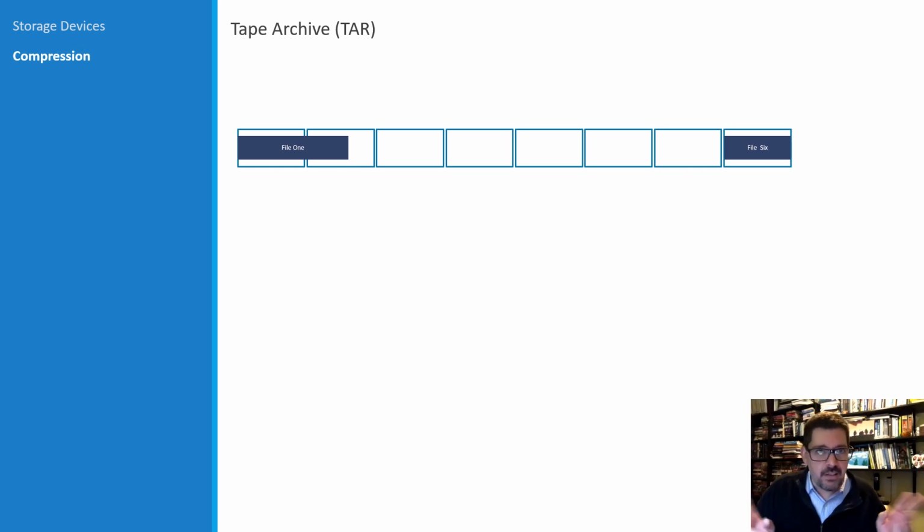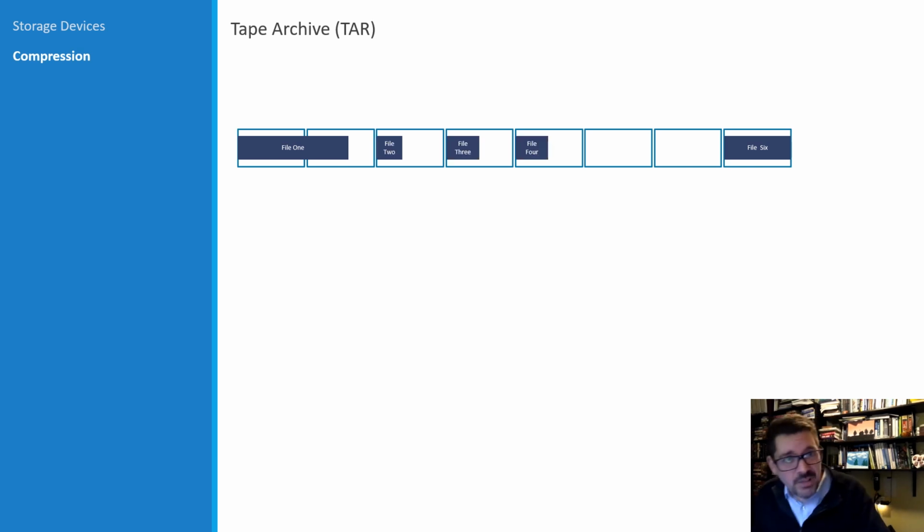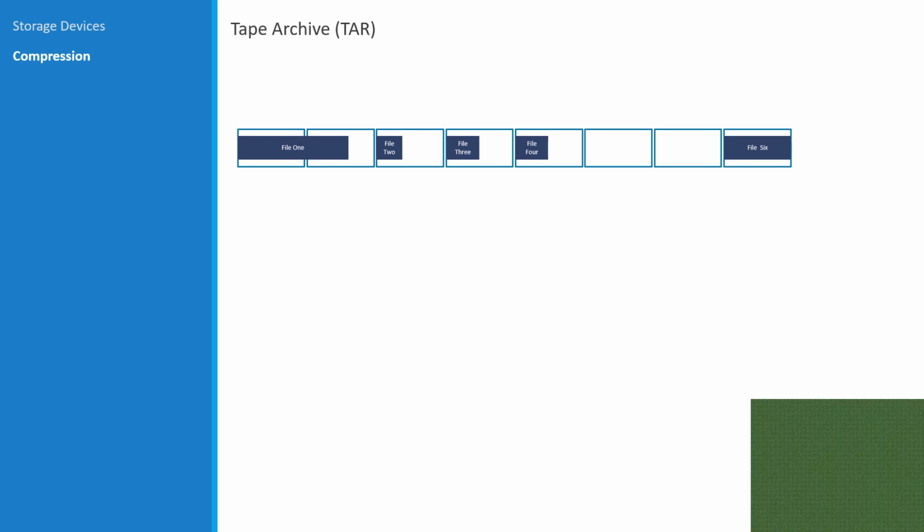On my little fake disk in my PowerPoint, it looks like I have 8 blocks, and each one is exactly the same size. If I have a file that is the same size as that block, it only uses one block, and I can address it by that one block. However, if I have a file that's going to span more than one block, it's going to use the space in 2 blocks. The problem is when I go to store the next file, it has to go to the next block. It can't use the same space as the previous file.